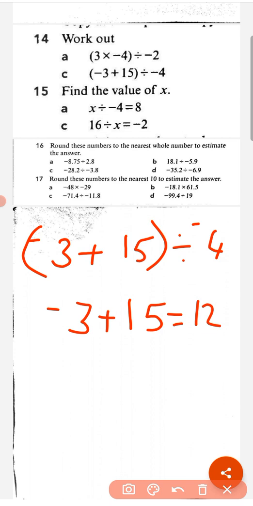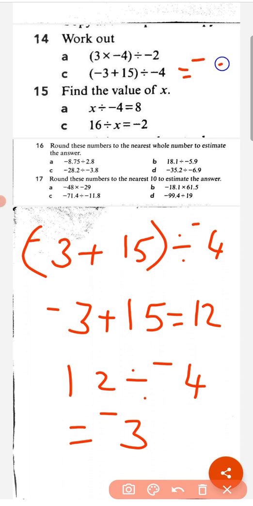Then put the larger number's sign. Since the larger number is 15, our answer is also positive, because 15 is a positive number. Then 12 divided by negative 4. Positive divided by negative. 12 divided by 4 is 3. Negative 3 is our answer.